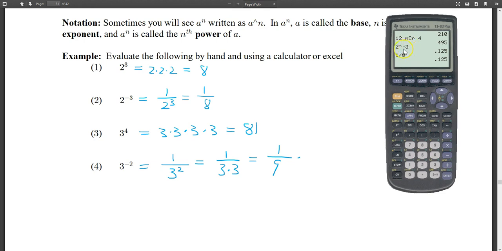You don't need parentheses around the negative 3, but you could put them around. It wouldn't hurt anything if you went 2 raised to the parenthesis negative 3, close it off. You'll still get 1/8, or 0.125. Alright, so that's what the nth power of a is, for n being an integer.